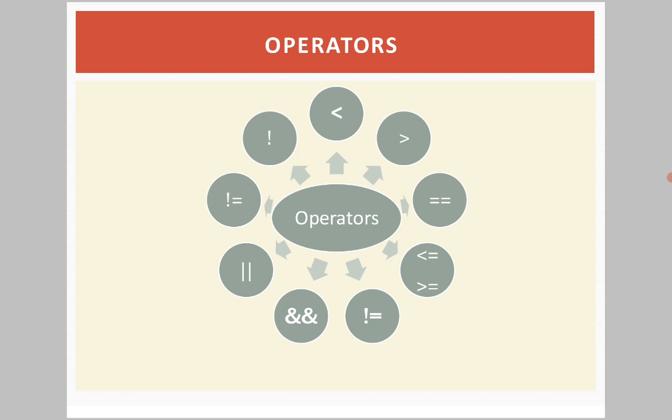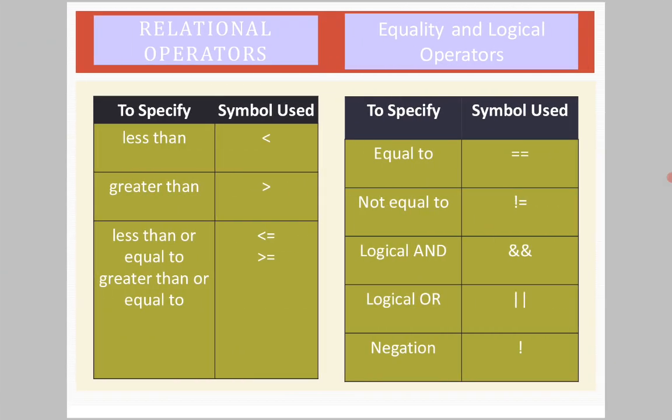These are called operators in C language. There is a difference between a single equals to and a double equals to. So these are the relational, equality, and logical operators.